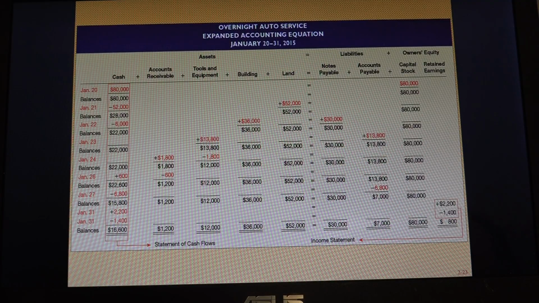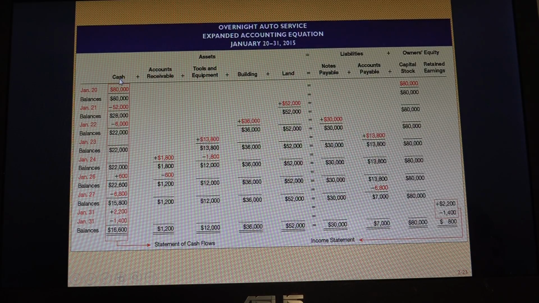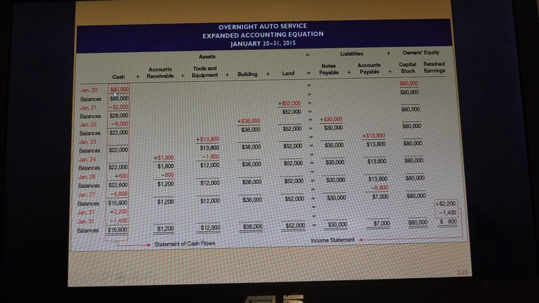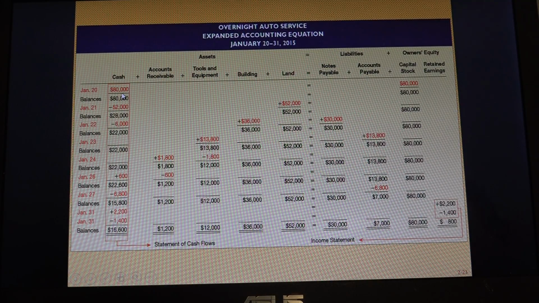And so what pieces do they have to pick out? Well, for the statement of cash flows, and this is kind of a barbaric way of doing it. There's a better way, but they've done a pretty basic job here.